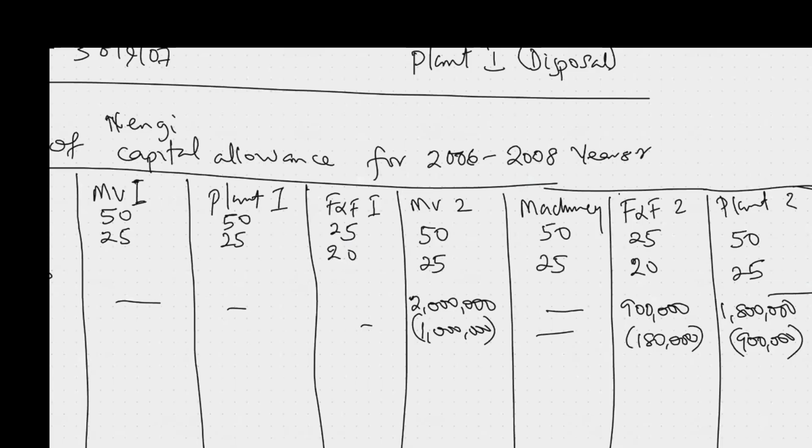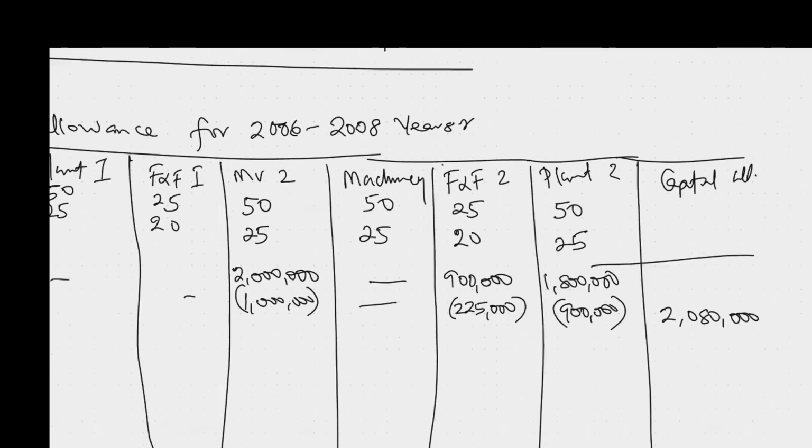So this one will not be correct. Add 45,000 to this one. That would be 225,000.